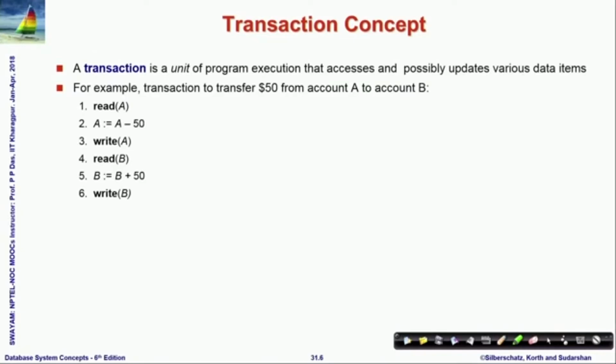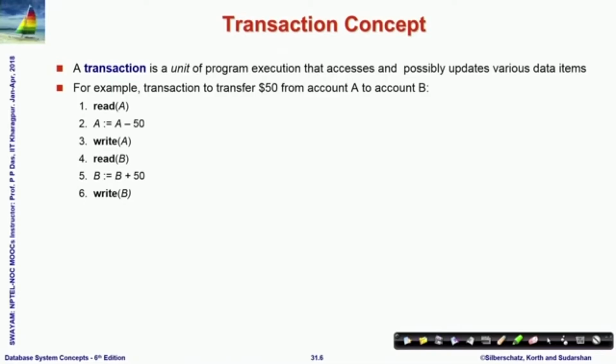A is a local variable which has taken the value $200 now. So, we locally change it, we debit $50 from that. A becomes $150 and then we write it back. So, the account balance where it was $200 will now become $150 with this $50 debited.